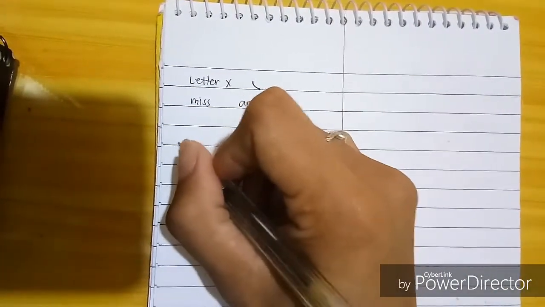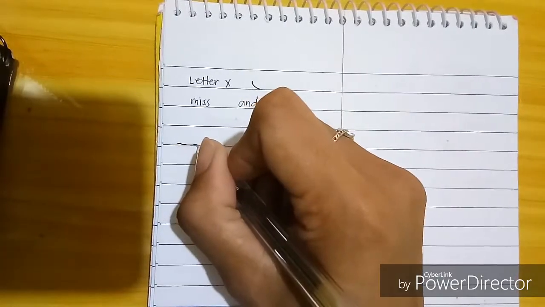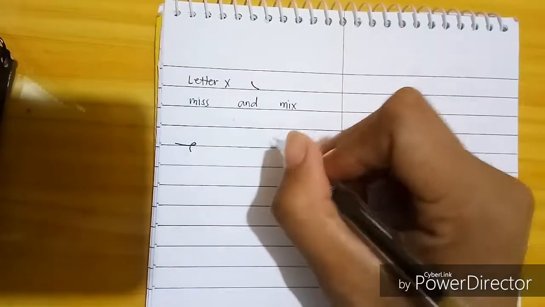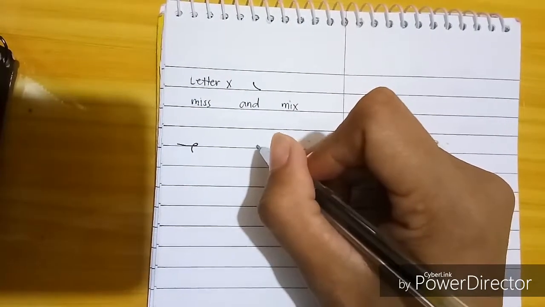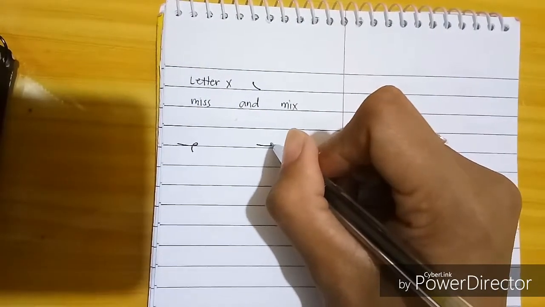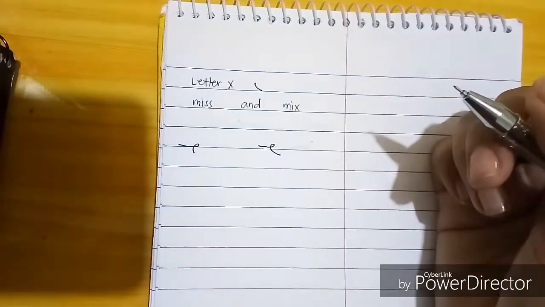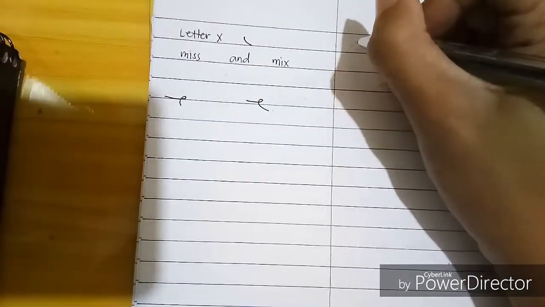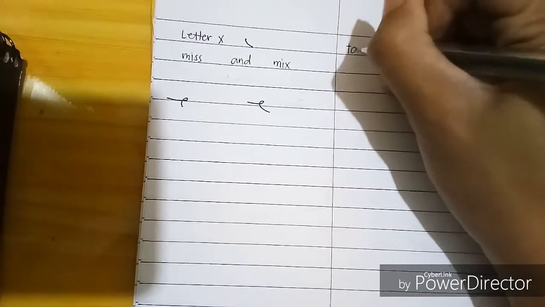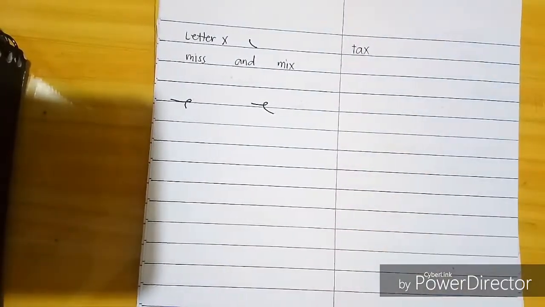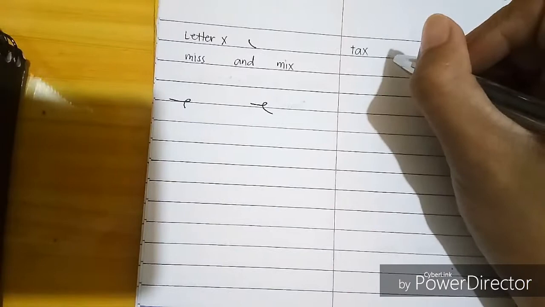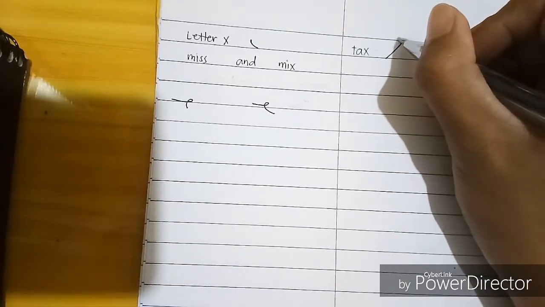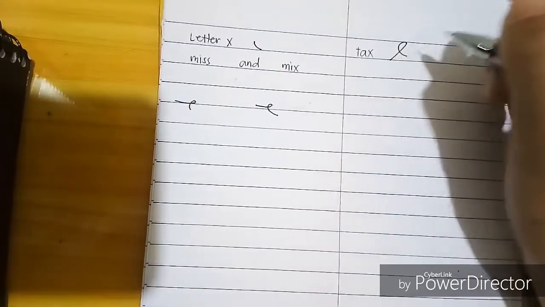Miss is written in this way, while mix is written in this way. Another example for this principle is the word tax. It is written in this way. T, A, and X.